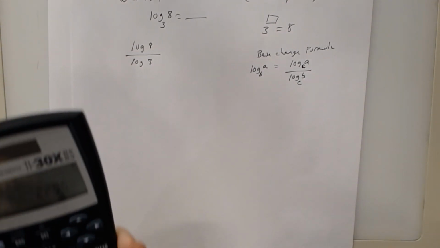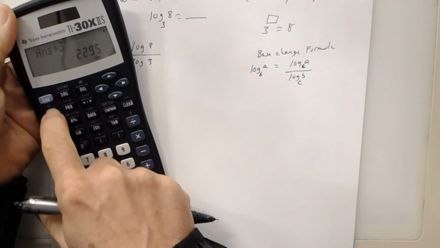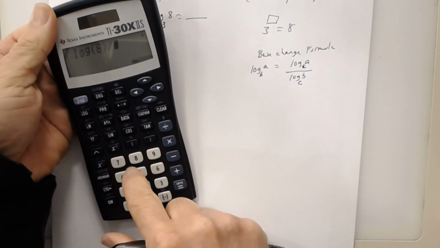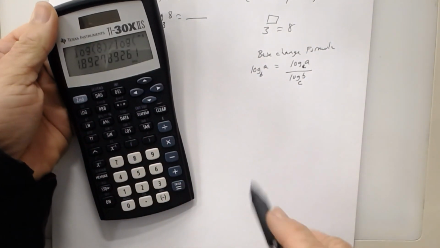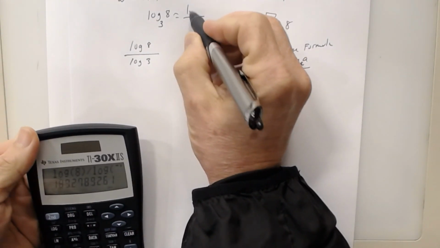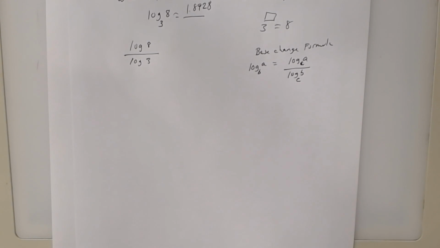So the log of 8 divided by the log of 3, equal, so 1.8928. I didn't put one more parenthesis. All right, okay? So that's what that's equal to.